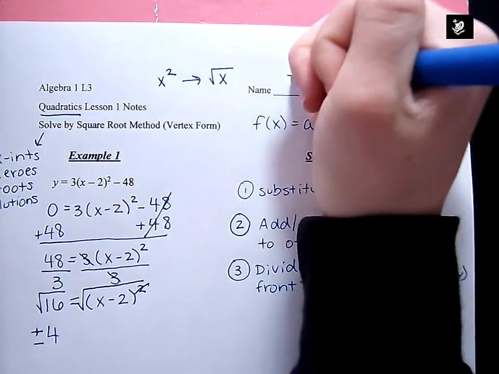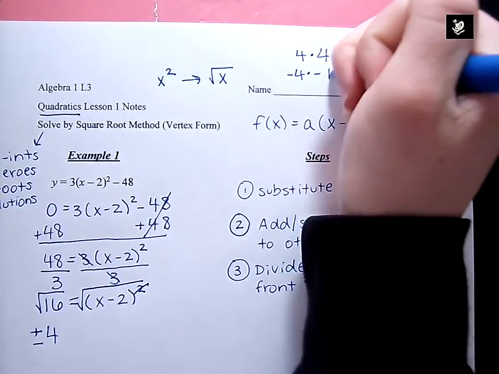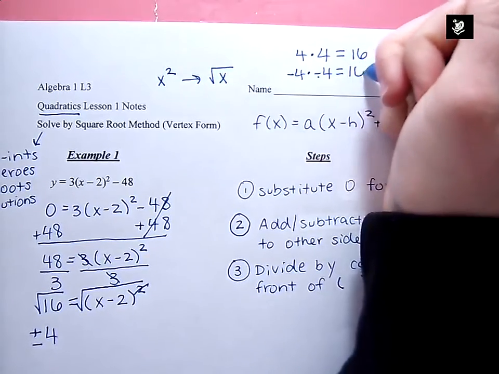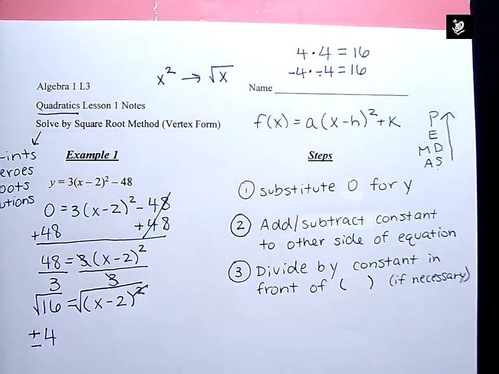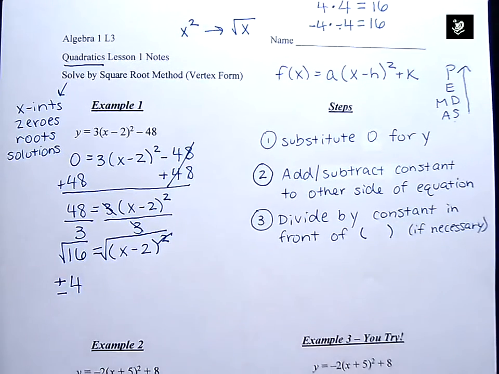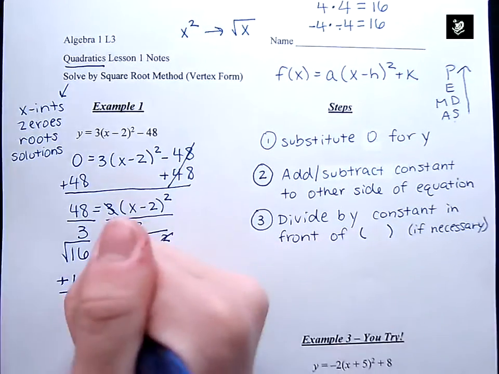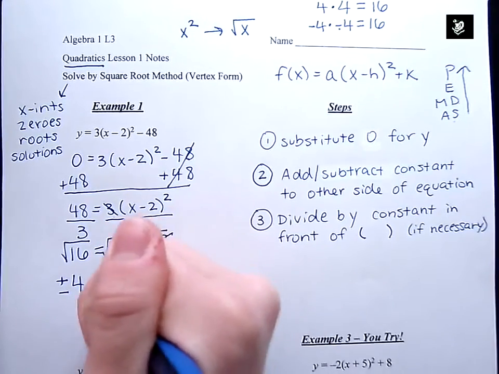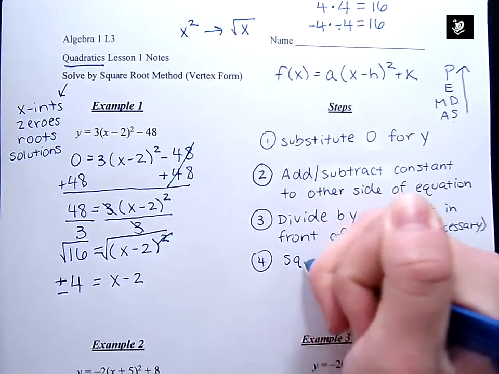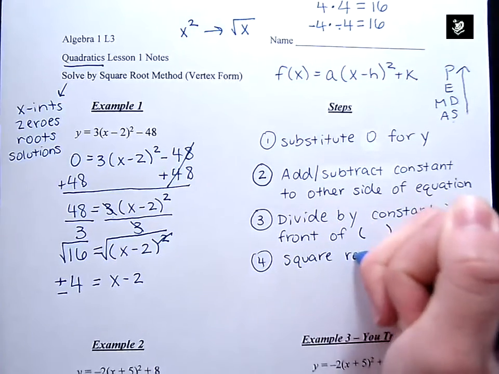But negative 4 times negative 4, a negative times a negative, is also a positive 16. So that's why I'm going to have 2 answers. So plus minus always in front. And I'm going to write what's left over. So step 4, square root both sides.